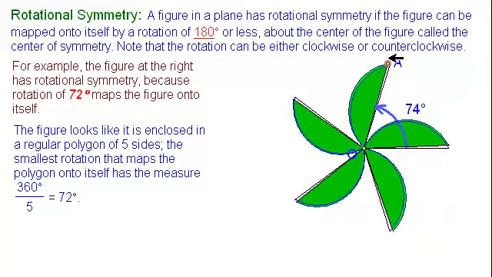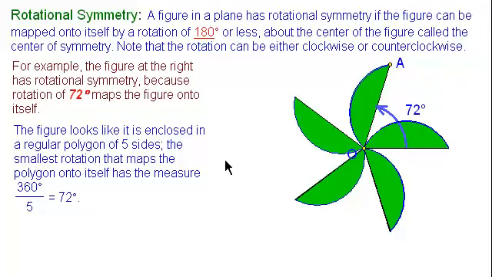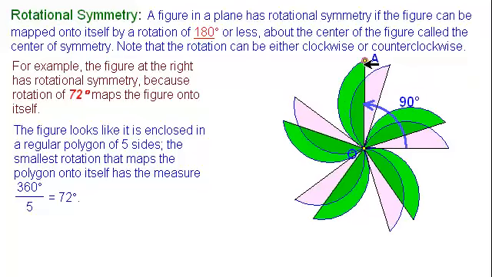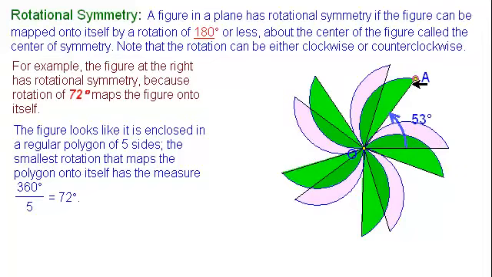This figure has the least rotational symmetry of 72 degrees, and the second is 144, which is a multiple of 72 degrees. How do we find these rotational symmetries? What decides the rotational symmetry? That is what we will discuss a little later.